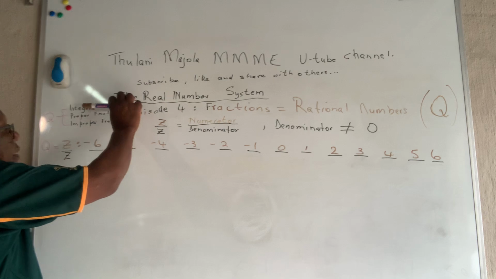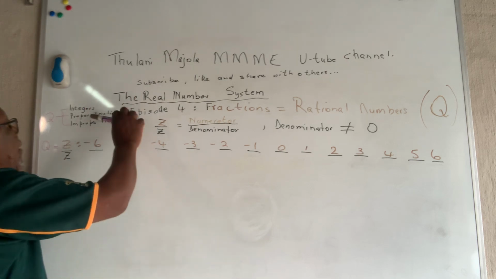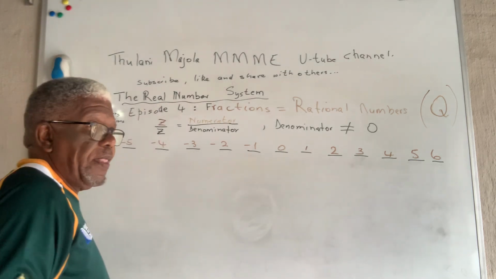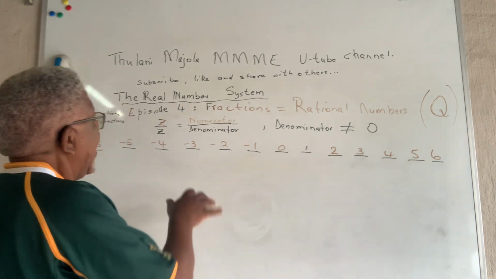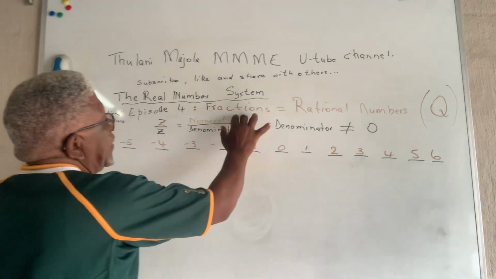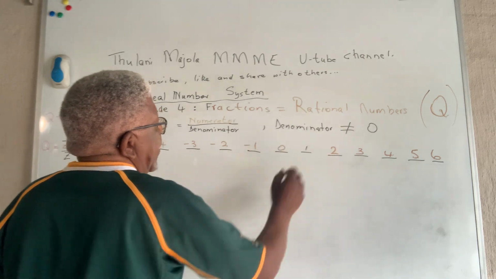But I'll discuss integers only here, and then the proper fractions in the next video, and improper fractions in the following one. So what are fractions? Fractions are the rational numbers.